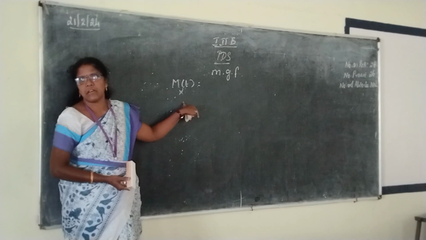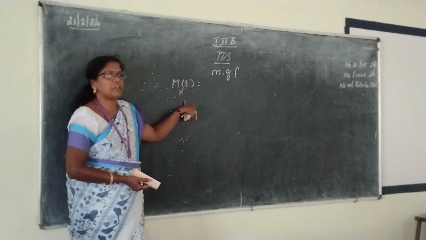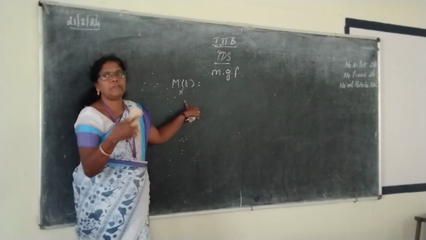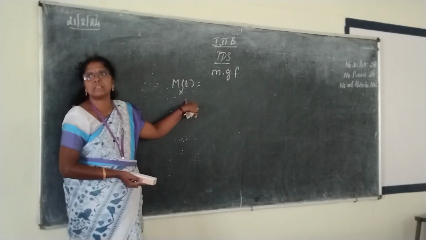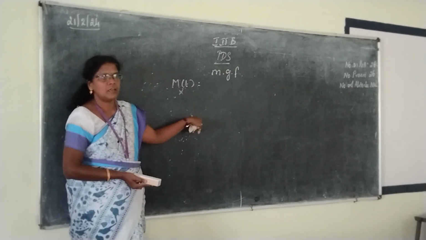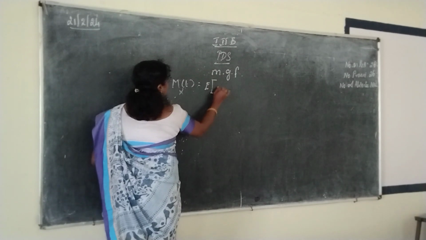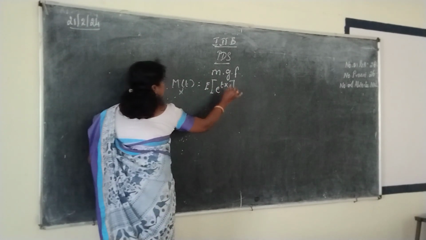This suffix x indicates the corresponding random variable. If it is x, you write x. If you are going to define for the variable y, you write y. For whichever variable you are defining, that should be mentioned. So Mx of t is nothing but expectation of e power tx. That is the formula.